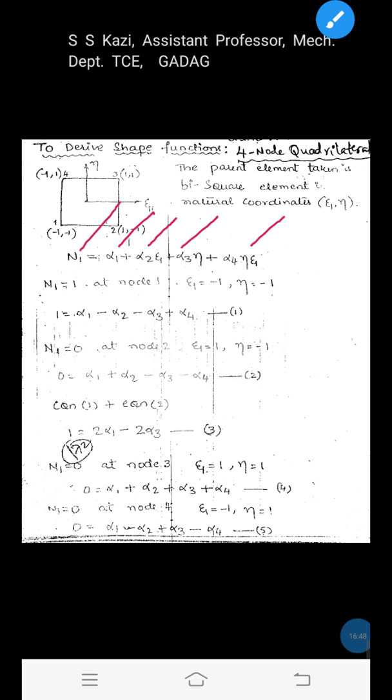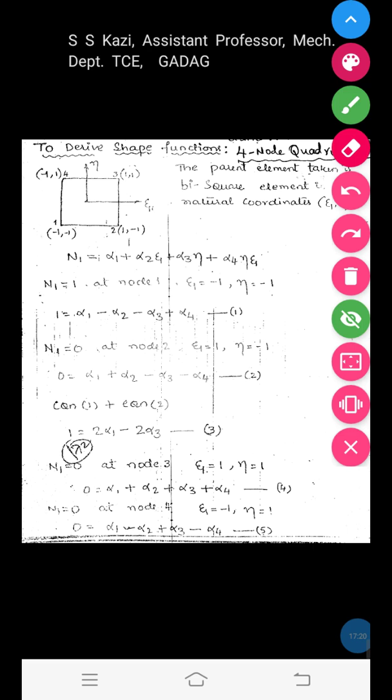Since we are deriving these shape functions for the 4-node quadrilateral element in terms of natural coordinates zeta and neta, x has to be replaced by zeta and y has to be replaced by neta. Hence n1 is equal to alpha 1 plus alpha 2 zeta plus alpha 3 neta plus alpha 4 zeta neta.